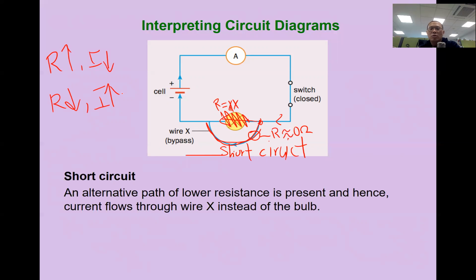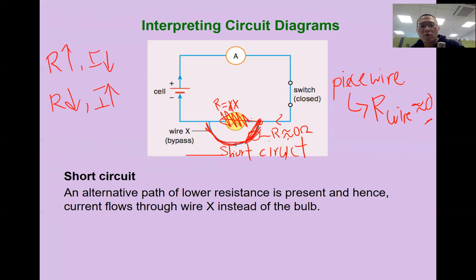So if you have a short circuit, which is a piece of wire, the resistance of the wire is almost 0 ohms. Which means the current flowing through this cable is very large, or to be exact, the current will want to flow through this cable.